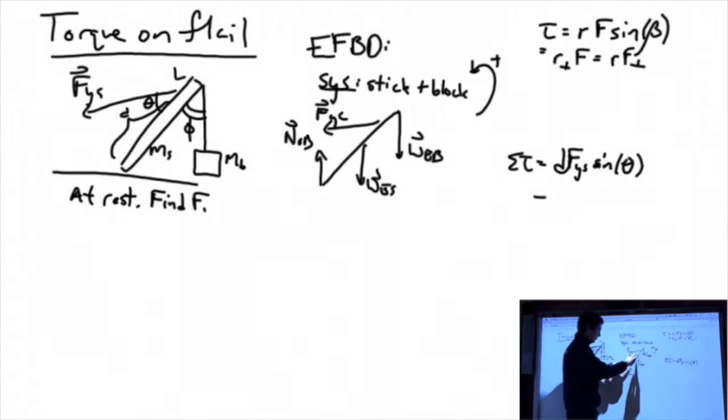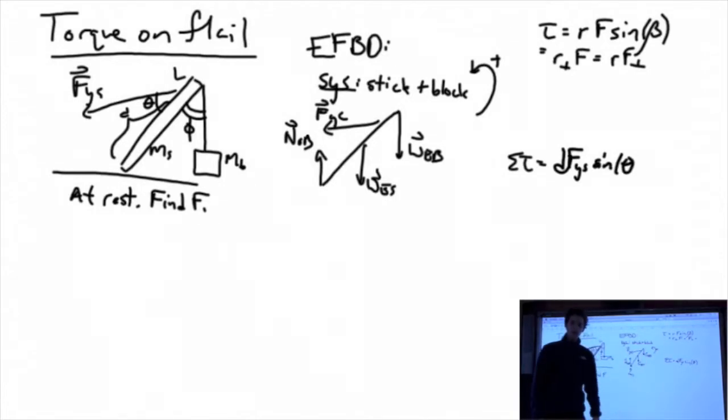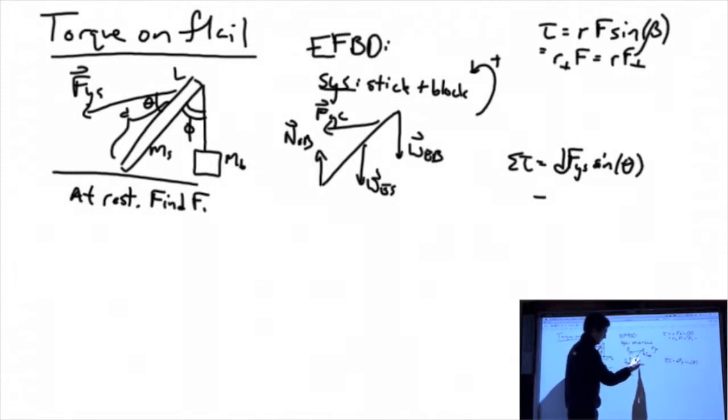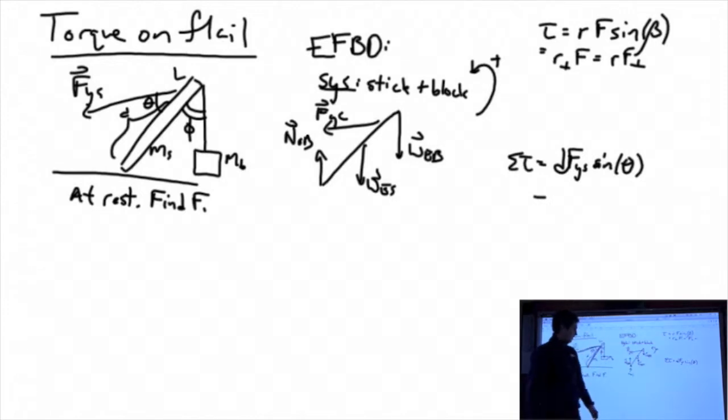Next, we've got two weight forces that we have to worry about. I know that this angle is phi, and since this angle is phi, this angle is also phi. Both of these are pulling in the negative direction, but let's take care of this one first.